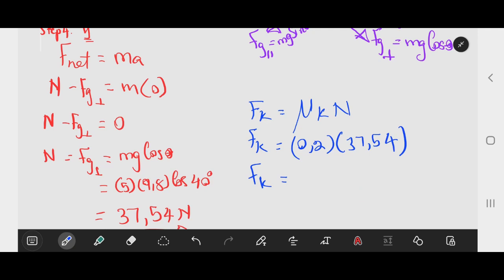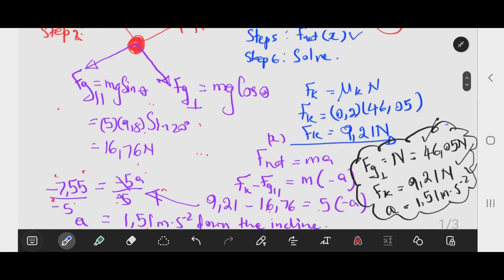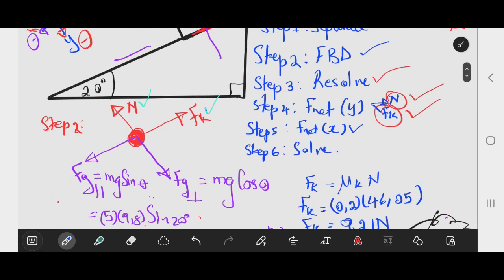So the frictional force now would be 0.2 times 37.54. And the frictional force that we are obtaining is 7.508 newtons. Okay, so let us look at what we obtained before when the angle of inclination was 20.